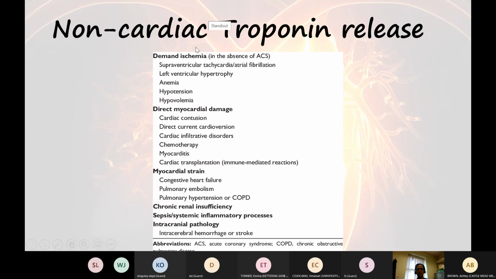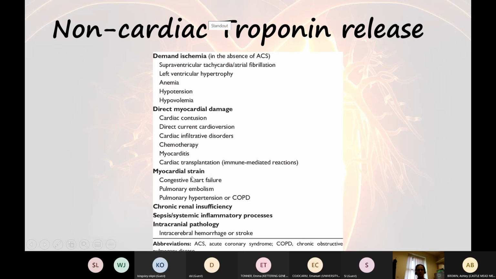You can have the demand ischemia. So this would be more like a type 2 myocardial infarction, where there's a problem with the blood supply to a specific part of the heart that can be caused by many different things. On the other hand, you could have direct myocardial damage due to trauma, due to chemotherapy or myocarditis, or due to an infiltrative disorder.